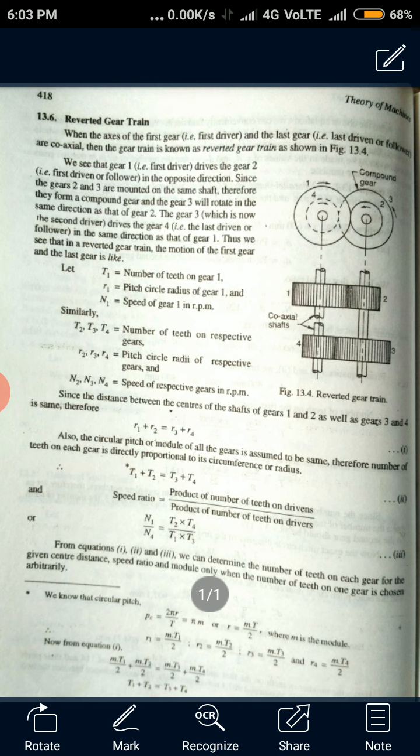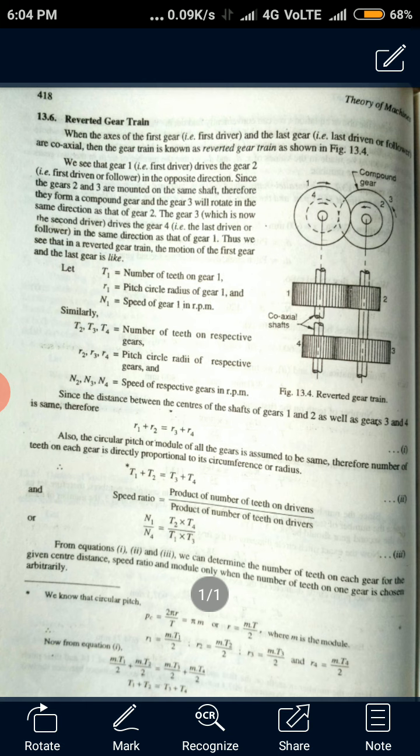If you see the sketch for the reverted gear train, gear 1 is mounted on one shaft, is a driver, meshing with gear 2 which is on shaft 2, or shaft B. Shaft B has two gears, gear 2 and gear 3, so it can be called a compound gear train.